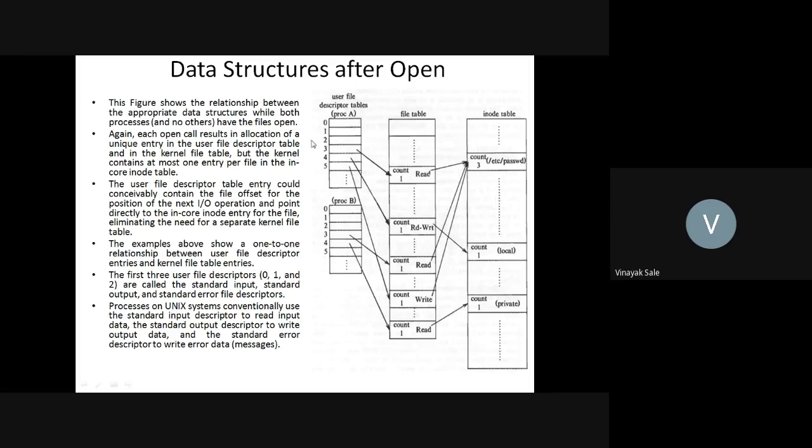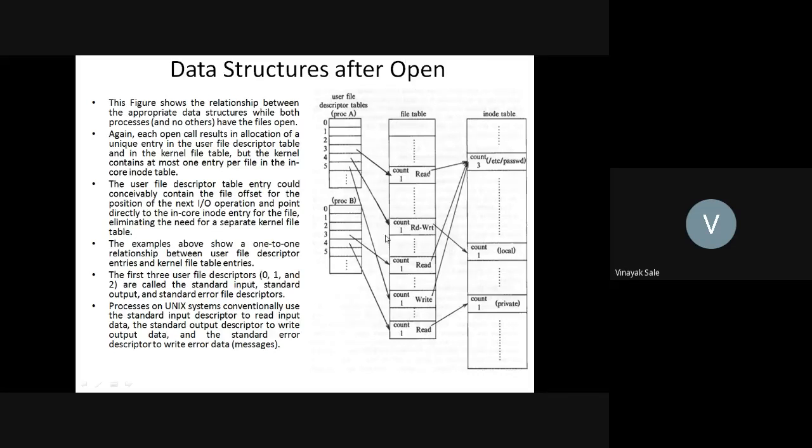So this example shows a one-to-one relationship. Here process A opens the file password for reading purpose. Here is a one-to-one relationship between the user file descriptor table and kernel file table entries. See, these are user file table entries and these are the kernel file table entries.